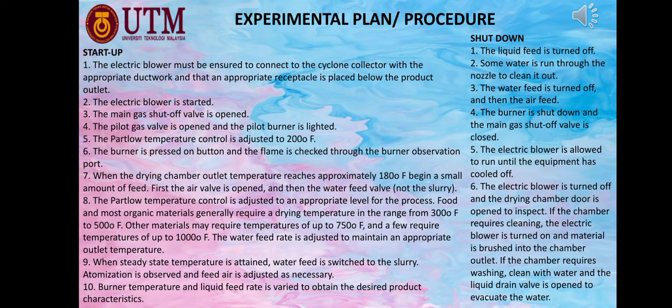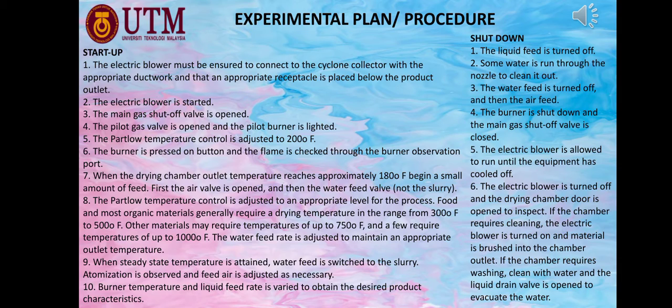Then we start the electric blower and open the main shutoff valve. Then we open the pilot gas valve and light the pilot burner. We then adjust the part load temperature control to 200 degrees Fahrenheit, and the burner is pressed on button and the flame is checked through the burner observation port.